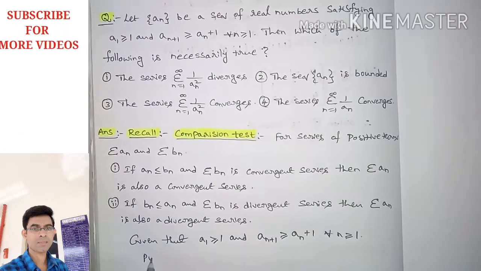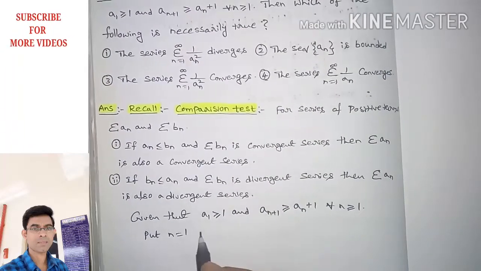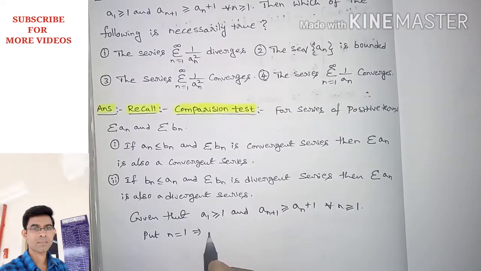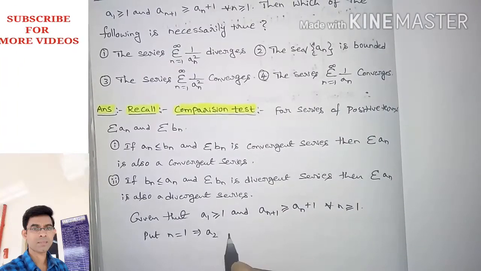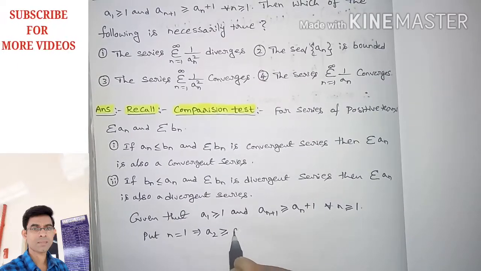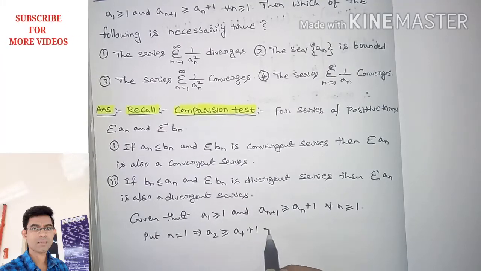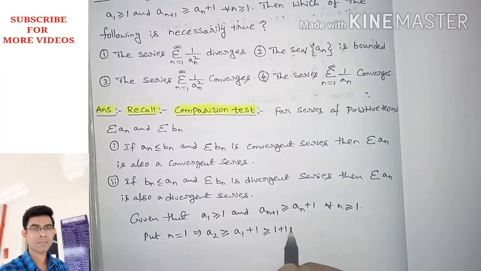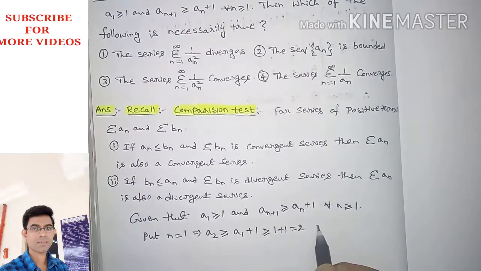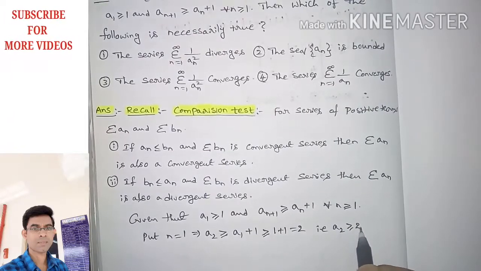That means if we put n = 1, a_2 is greater than or equal to a_1 + 1. But a_1 is greater than or equal to 1. So this is greater than or equal to 1 + 1, which is equal to 2. That is, a_2 is greater than or equal to 2.